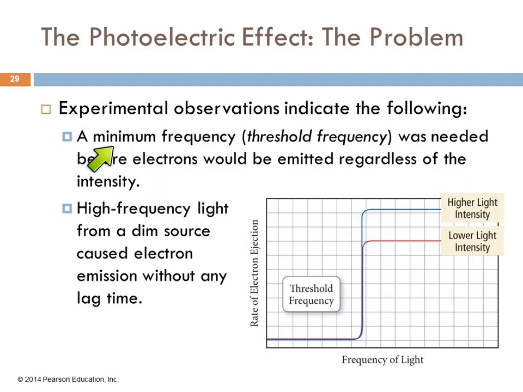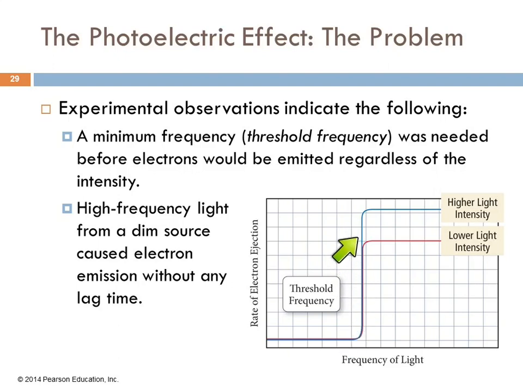There was a minimum frequency, a threshold frequency. So here's the rate of electron ejection as a function of the frequency of the light. So you increase the frequency of the light. At these lower frequencies, there were no electrons being ejected, no matter how long you wait. It just didn't happen. But when you got to a certain point, they would be ejected.